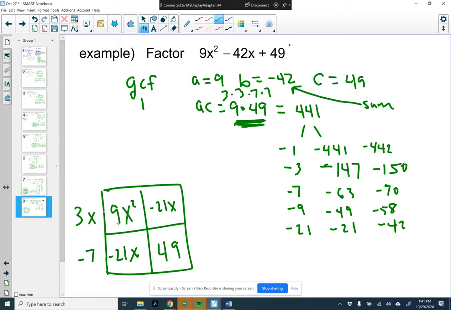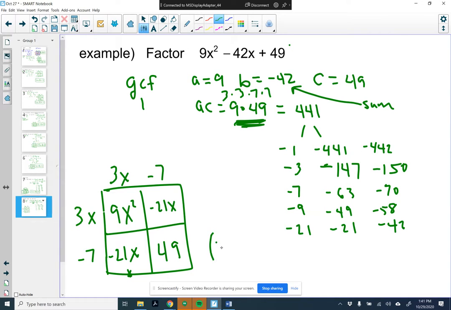Top row has 3x, bottom row has negative 7. First column right here, the 9x squared and the negative 21x. First column has a 3x. Second column, negative 21x and 49 have a common factor of 7. I take the negative with it.